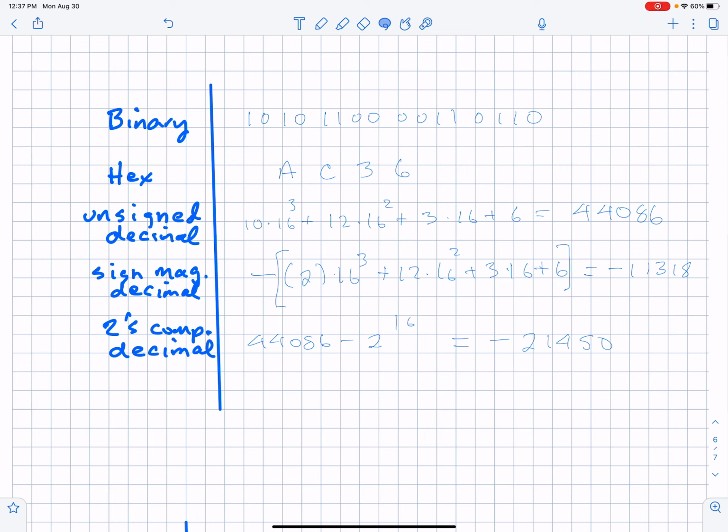In this example, I wanted to show you the idea of starting with some interpretation of a number and then being able to move that interpretation to binary, to hex, to unsigned decimal, whatever direction we need it to go. So for example, let's say we started with some binary digits in a register.